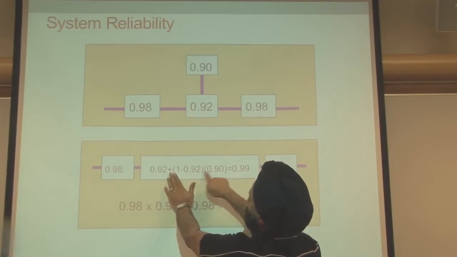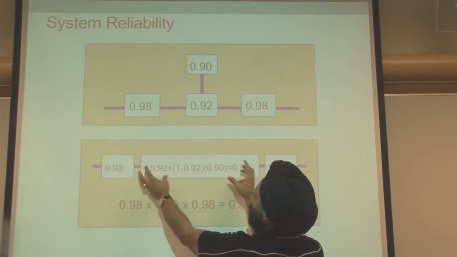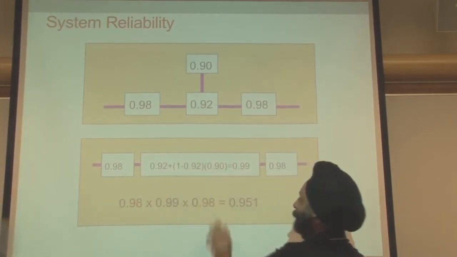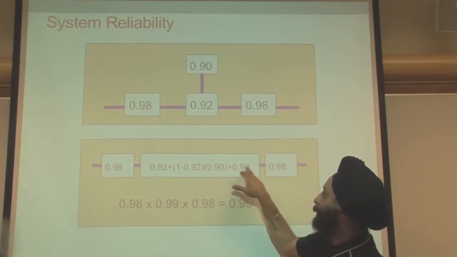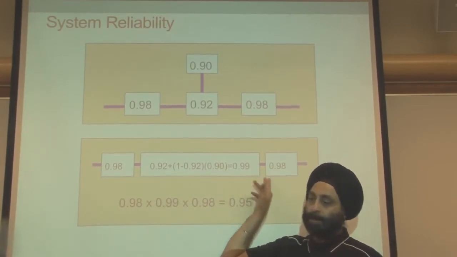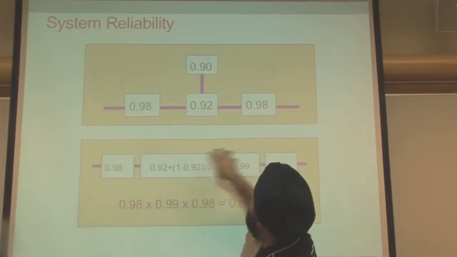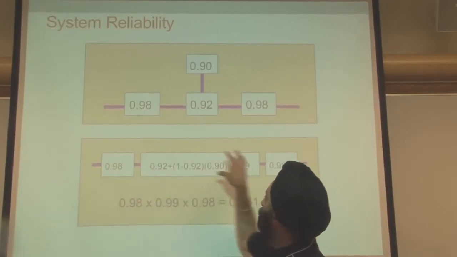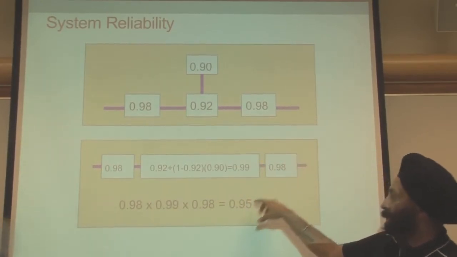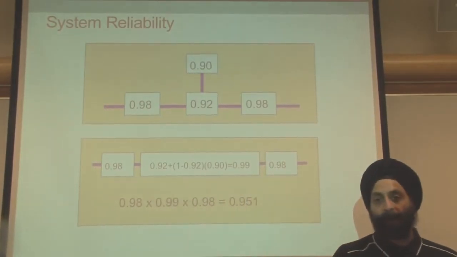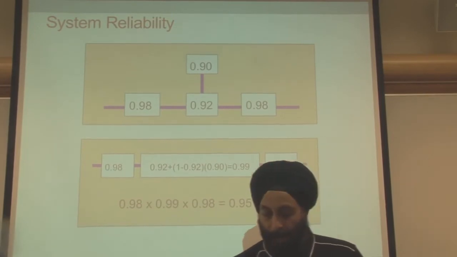So 90 times 0.8, so that is 92 plus 0.072, that's 99.992, that is what you have over here. And then multiply these three numbers, so you have 0.99 times 0.98, all three multiplied gives you 0.951. So that becomes a system reliability.